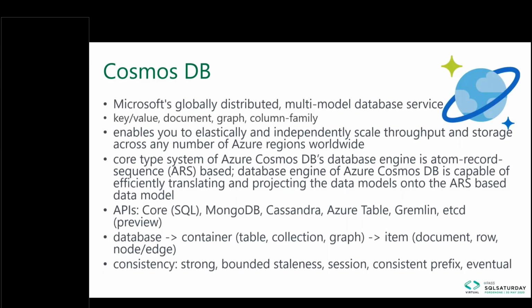Cosmos DB enables you to scale elastically and independently throughput and storage basically across any number of geo regions worldwide, and it does all of it under the hood. When we talk about geoscaling, you just have to choose which regions you want your solution to be available in, and it will scale automatically.